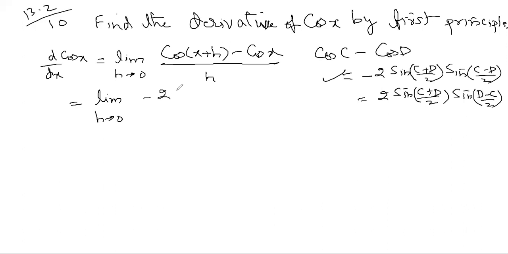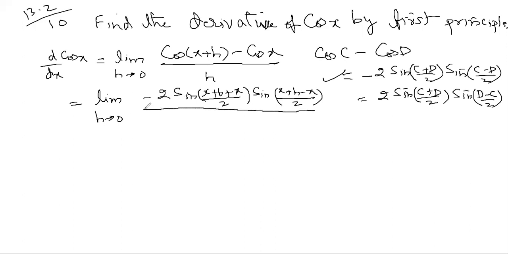So minus 2 sine of c plus d by 2, sine of c minus d by 2, where c is x plus h and d is x, and this whole is divided by h.